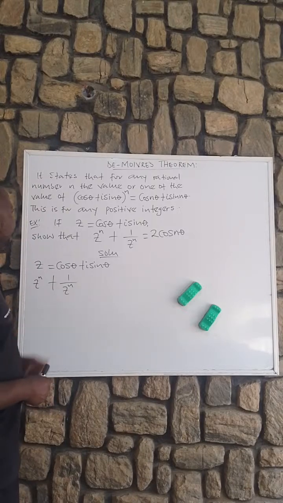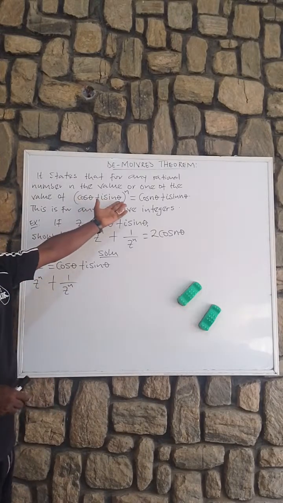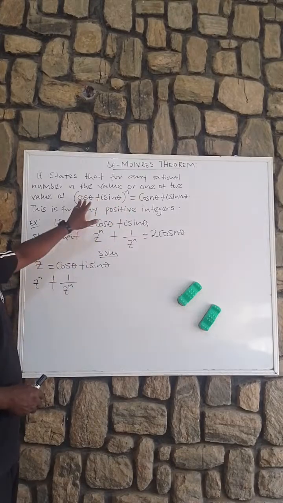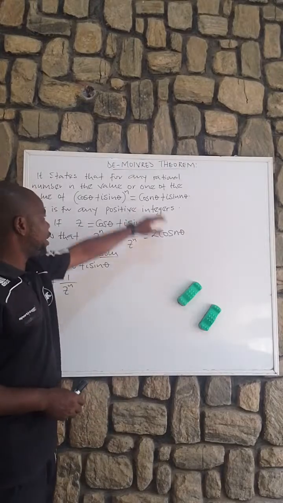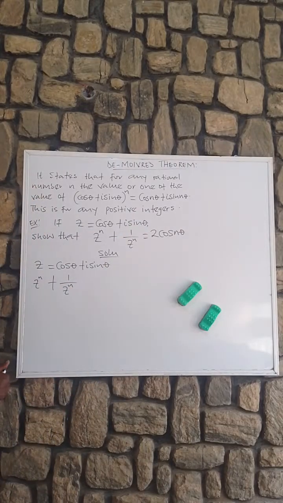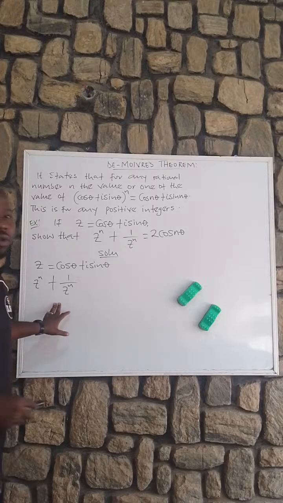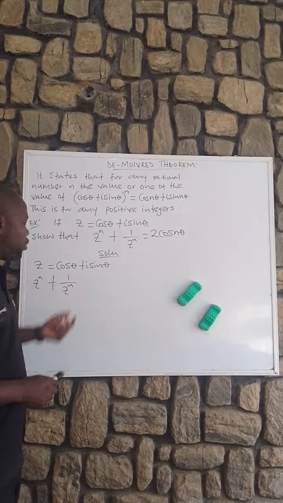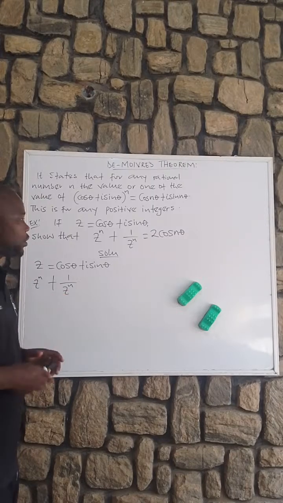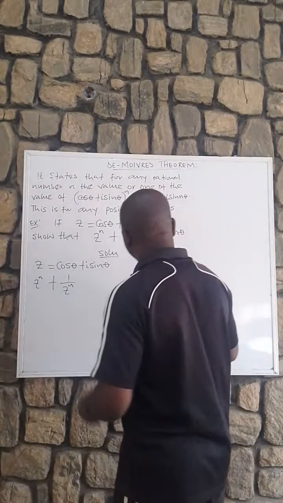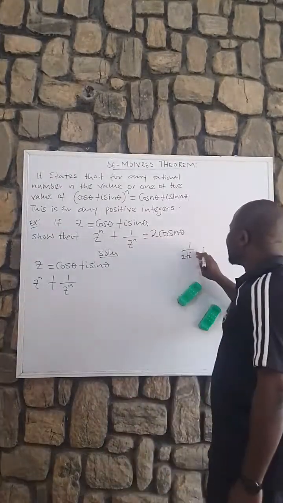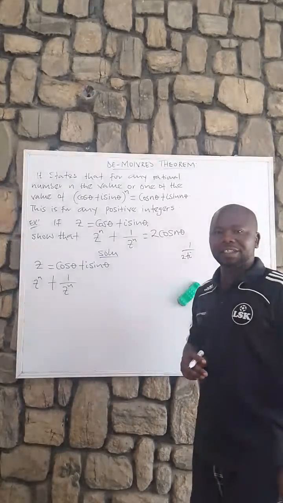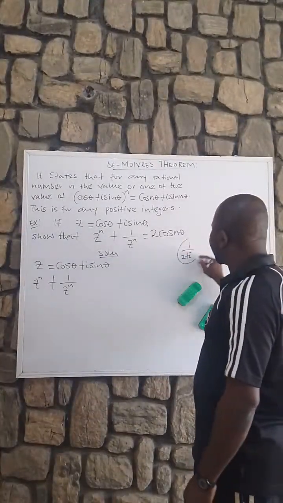Why? Because of De Moivre's theorem, this is how it is. So if we have something of this form, we can write it in this other form, true or false? Okay, so that is what I want us to do. But before we do that, we are dealing with complex numbers, true or false? So if assuming at the end of the day you have 1 over 2 plus i, as long as complex number is concerned, you cannot just leave the answer like this.